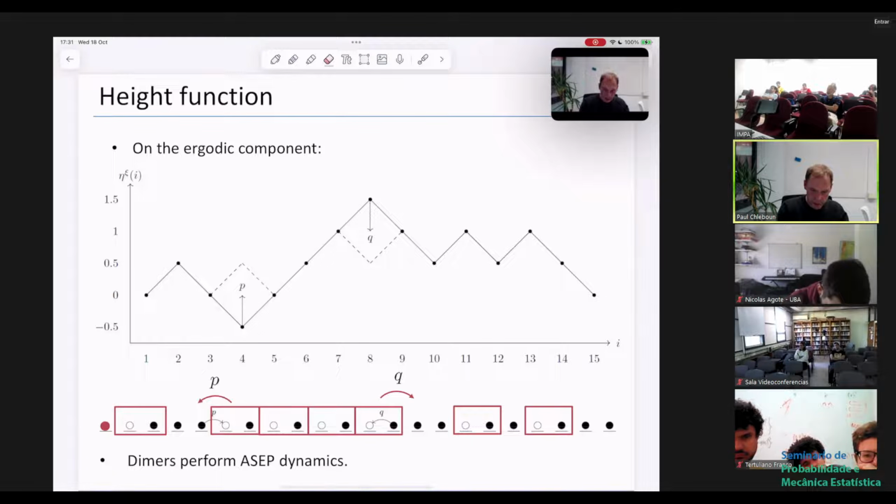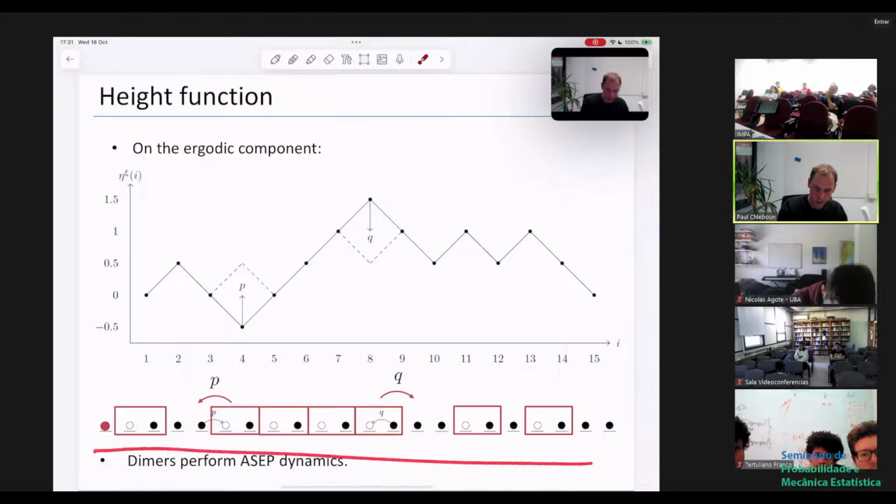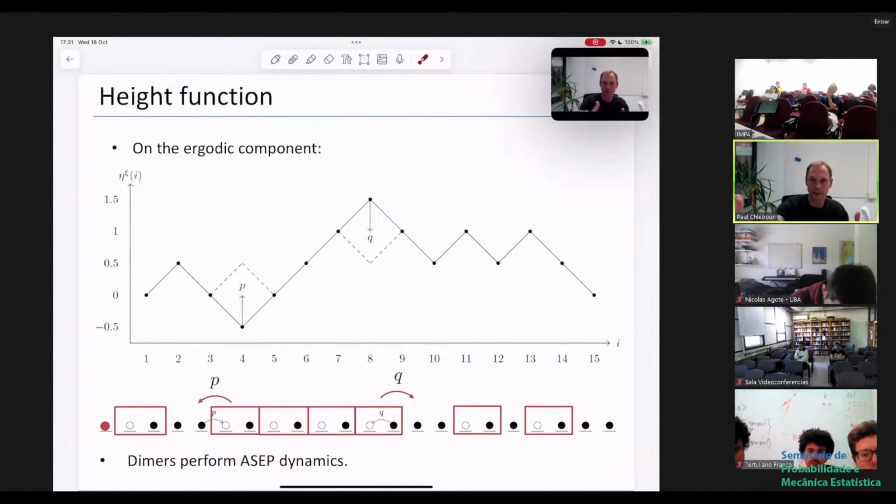The fact that they're now of size 2 doesn't really matter once we've reached the ergodic component and we have closed boundaries, because given any sort of exclusion configuration where you just shrink each of these to size 1, you can reconstruct it, it's bijective with the dimer picture just by growing them by size 1, starting from the left.